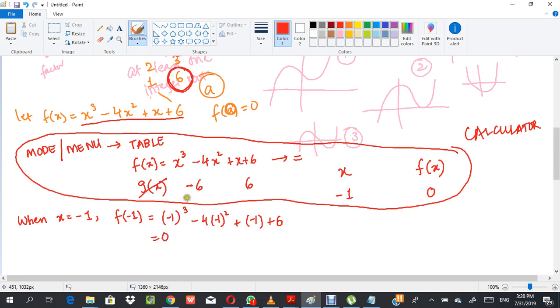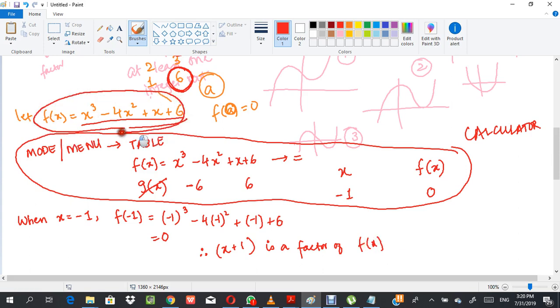So this means that x plus 1 is a factor of f of x, where f of x is this whole polynomial. Let's go back to remainder and factor theorems.